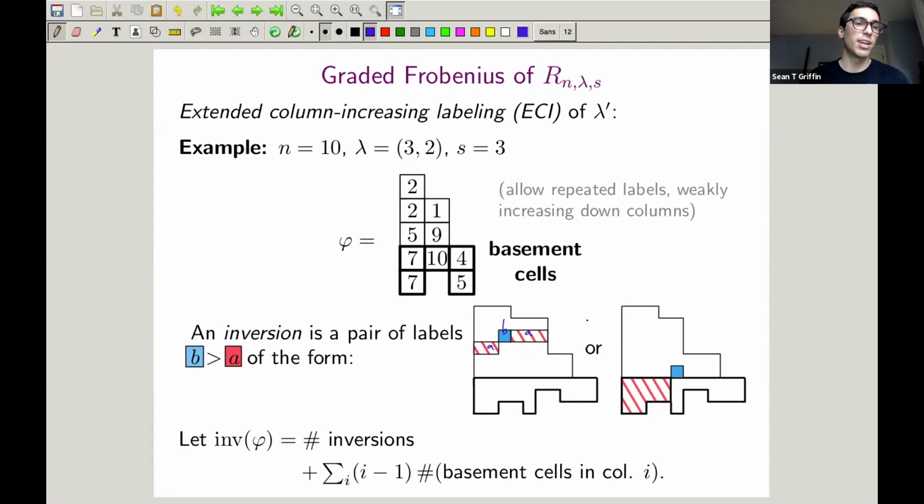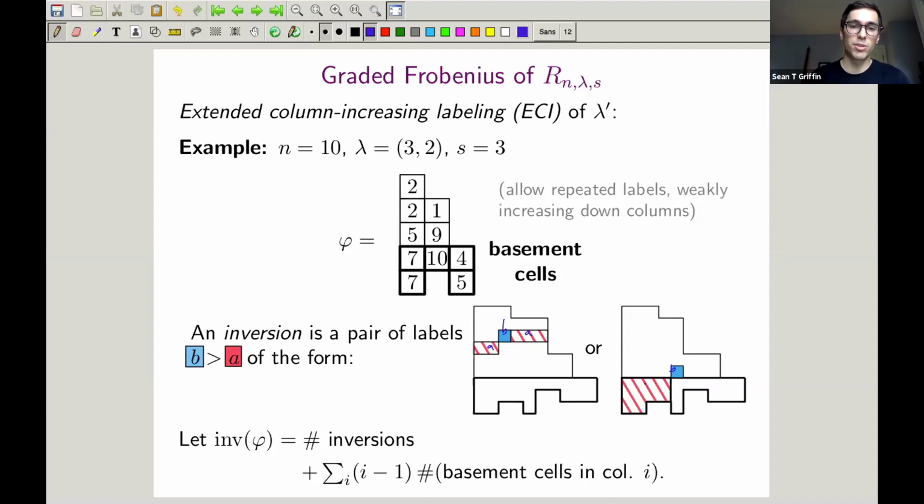You might recognize this as the attacking pair condition if you've read Haglund, Haiman, Loehr. Or if b is in the first row, we'll allow a to be a basement cell to the left of b.